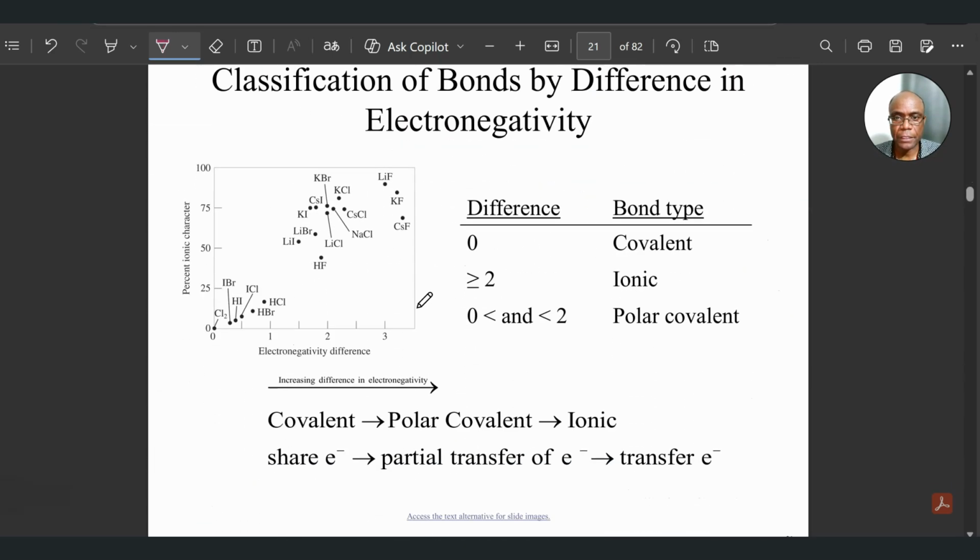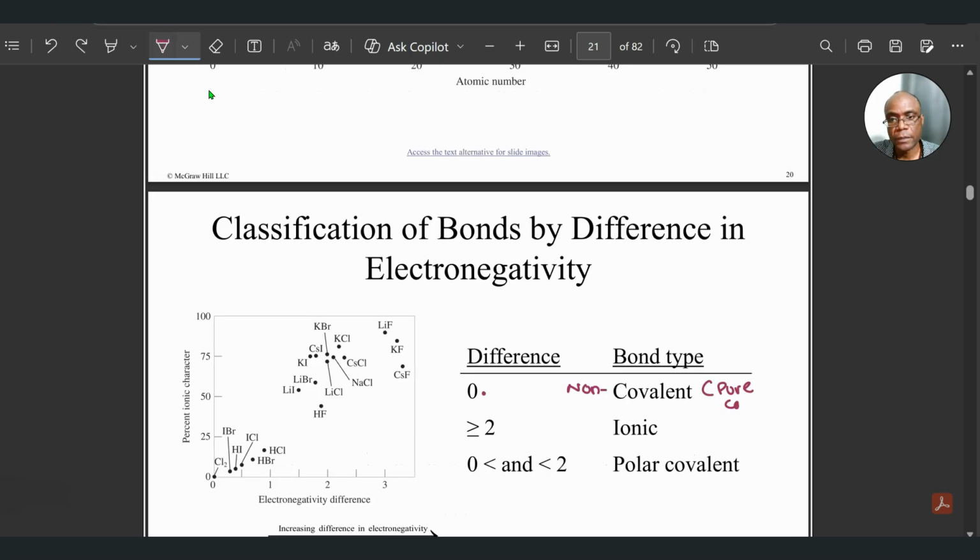Now, like I said, you can use the Pauling scale to determine if a bond between two atoms is polar covalent, non-polar covalent, or ionic. When it's non-polar covalent, people usually just call that pure covalent. The difference in your Pauling scale numbers is most likely going to be 0.5 or less.